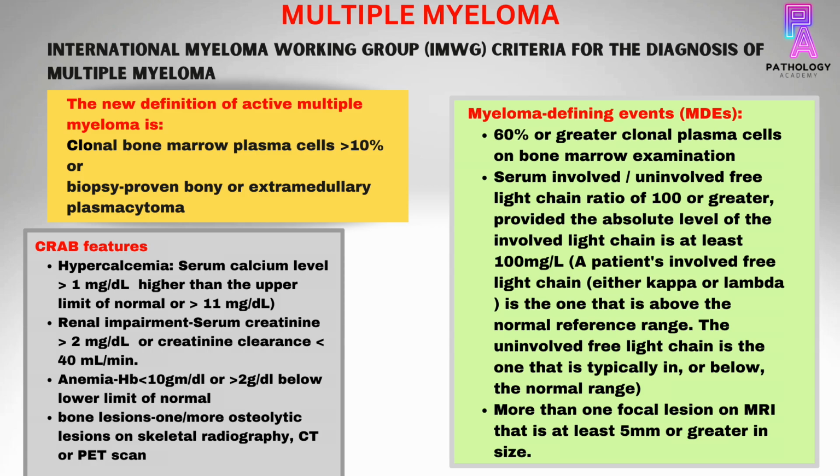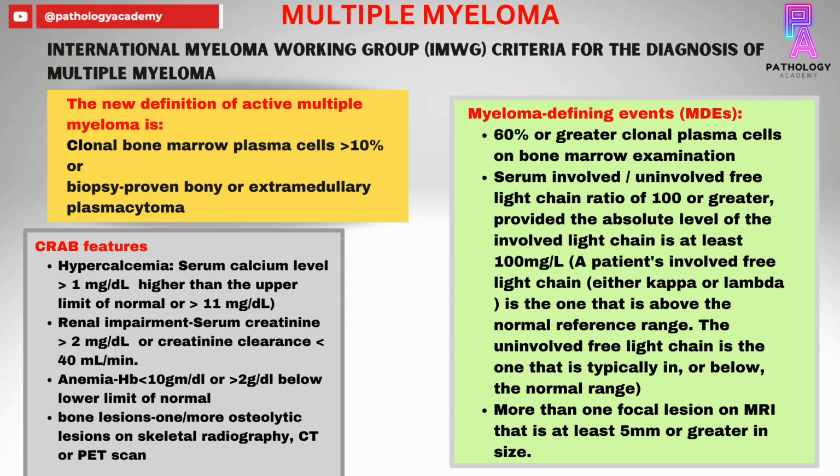Also, the presence of myeloma defining events is included in the diagnostic criteria now, and any one or more of the myeloma defining events can help in making the diagnosis of multiple myeloma.